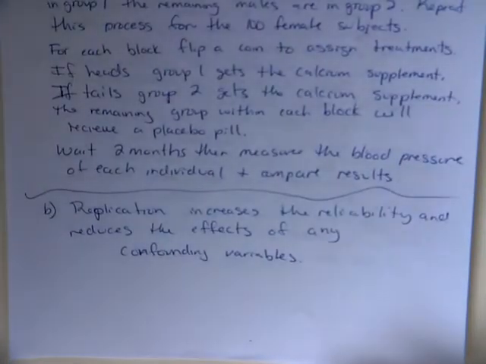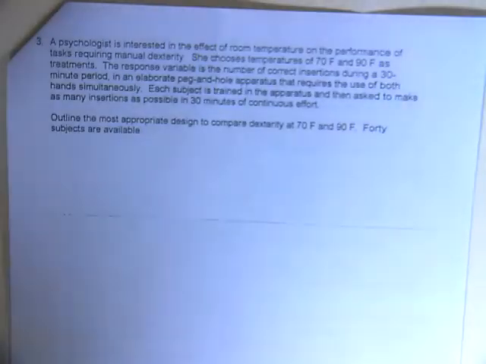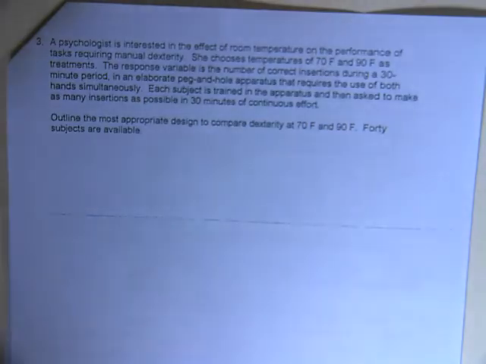Okay. Now the last one, we're not actually going to write it all out. What this one's looking at, a psychologist is interested in the effect of room temperature on the performance, requiring manual dexterity. She chooses 2 temperatures, and the response variable is the number of correct insertions in a 30-minute period with an elaborate peg and hole apparatus.